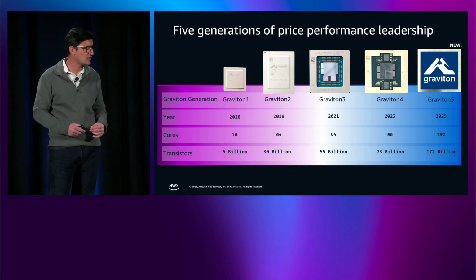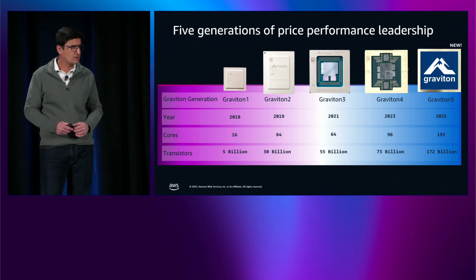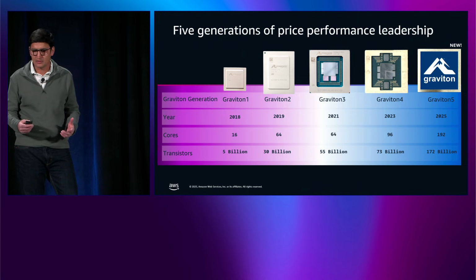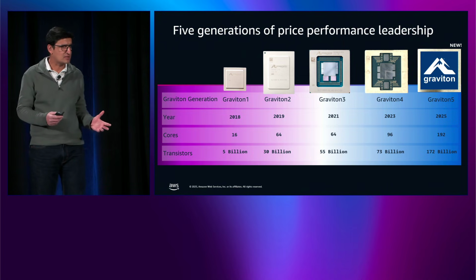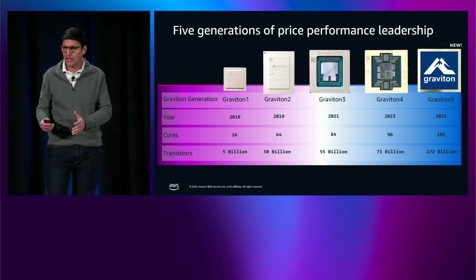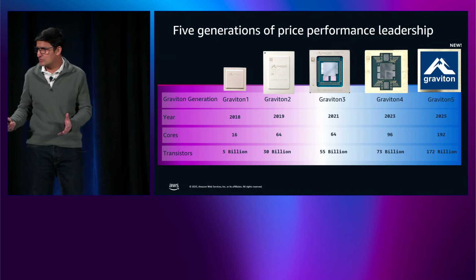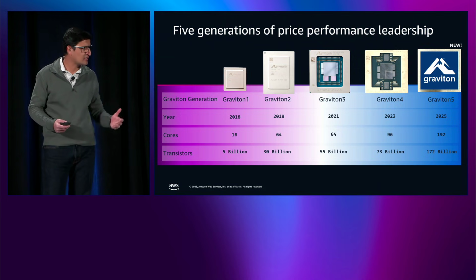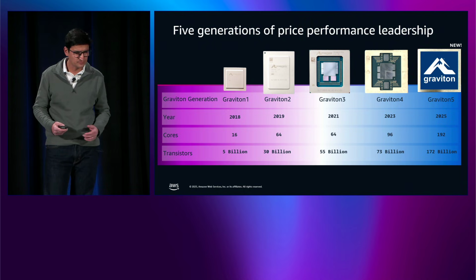In 2021, we launched Graviton 3, which was even faster and more efficient. Compute performance increased gen over gen, and we were now seeing customers run compute-bound workloads, memory-bound workloads, containers, Java, and machine learning on Graviton.